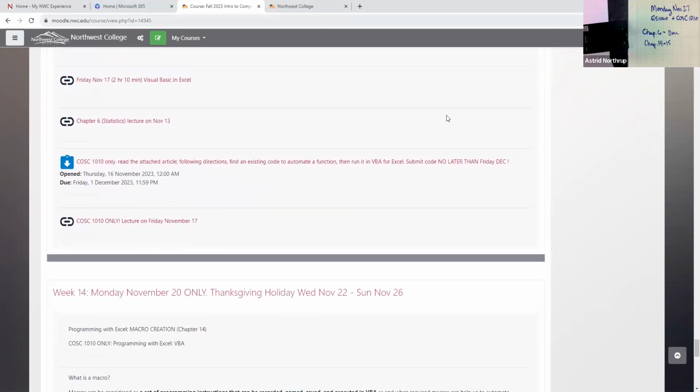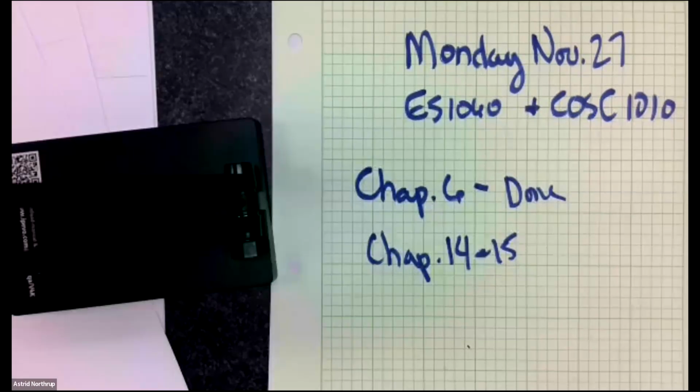So the other thing I wanted to talk to you about, and this is for computer science 1010 students who are in fact computer science majors. So for 6 of you, and I don't want to call out any names because that might violate some privacy, 6 of you are currently signed up to take a class in the spring called Machine Organization.